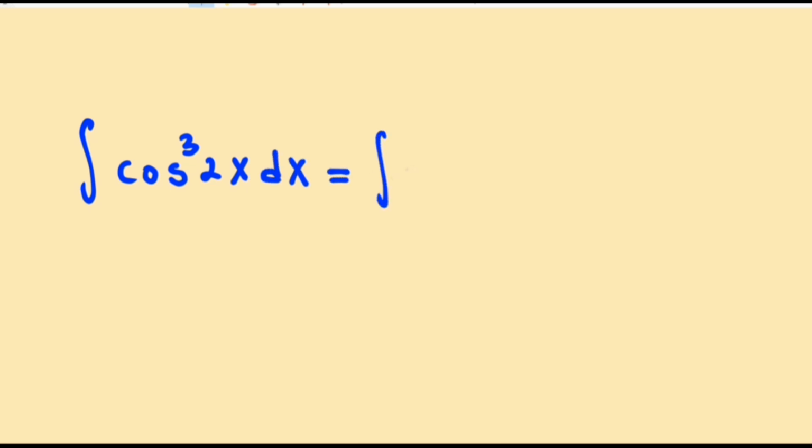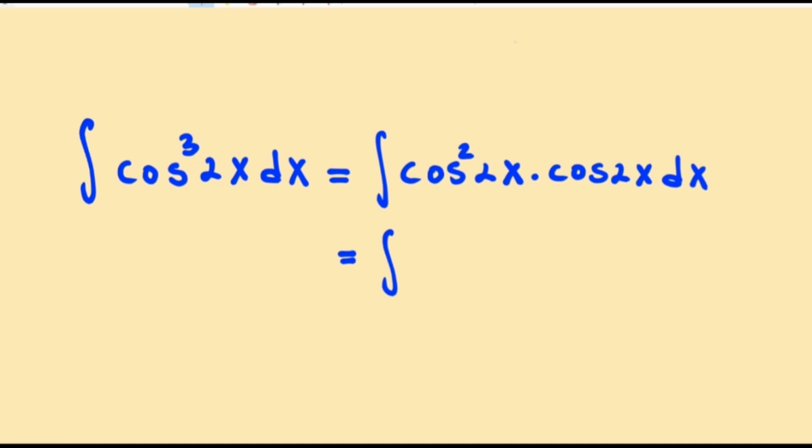So we evaluate the integral of cos cube of 2x dx. We express this as cos squared of 2x multiplied by cos 2x dx, and we write the trigonometric identity sine squared of 2x plus cos squared of 2x is equal to 1, making the cos squared 2x the subject of the formula.